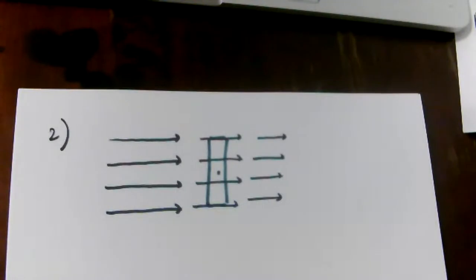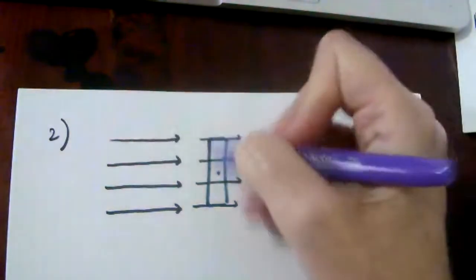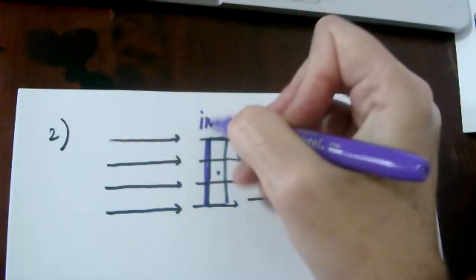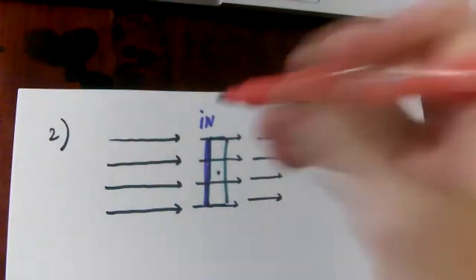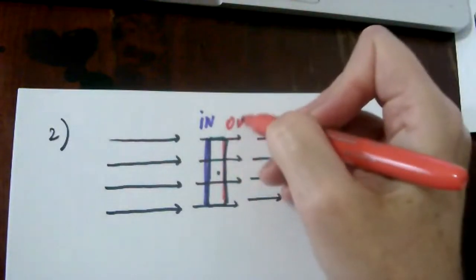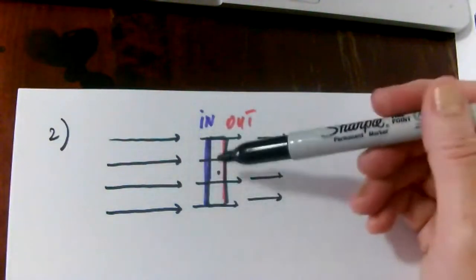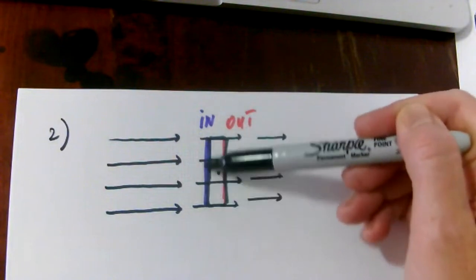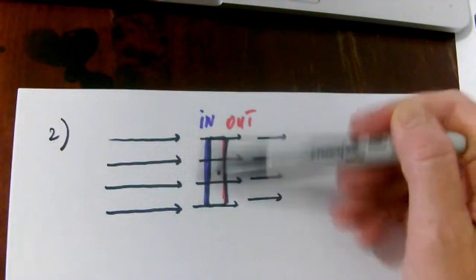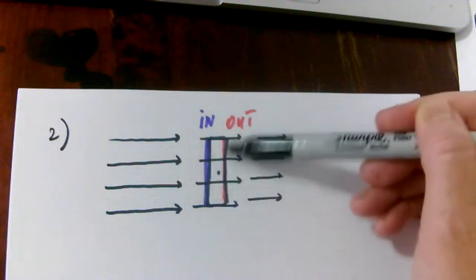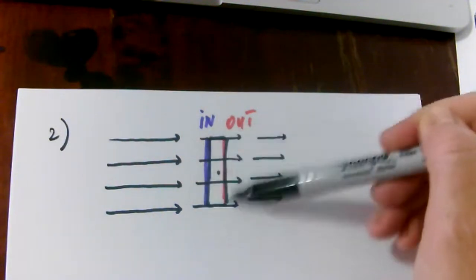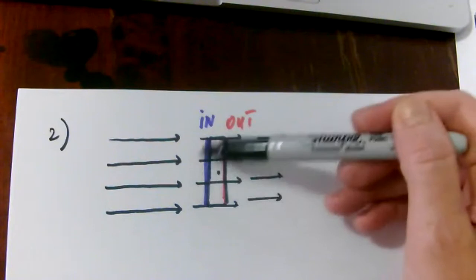Okay, so we place our detector here, and again, let this be the front side, it will be in, and this will be the back side of our box. Let's compare the fluxes. So what about flux in? Luckily, our detector has equal areas of these surfaces, so we don't need to care about the area of these sides.